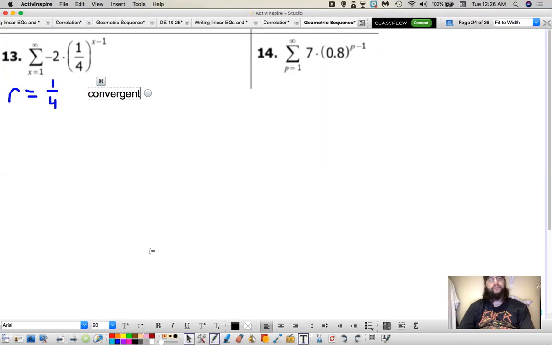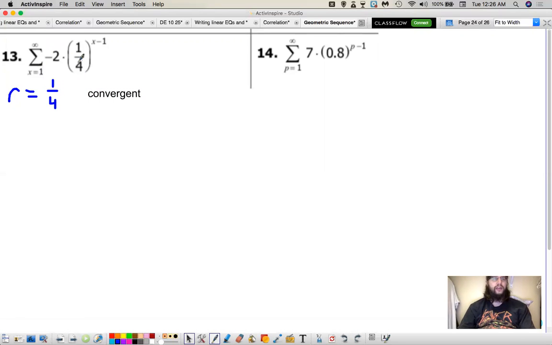Formula. A1. So we got to plug in this number into here to find out what our A1 is. Since it's 1, that's 0, so it's just -2. So anything to the 0 power is 1, times -2 is -2.